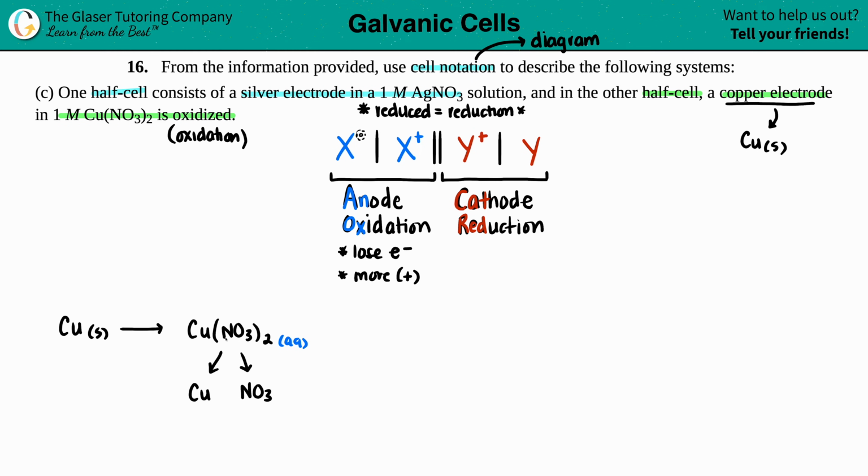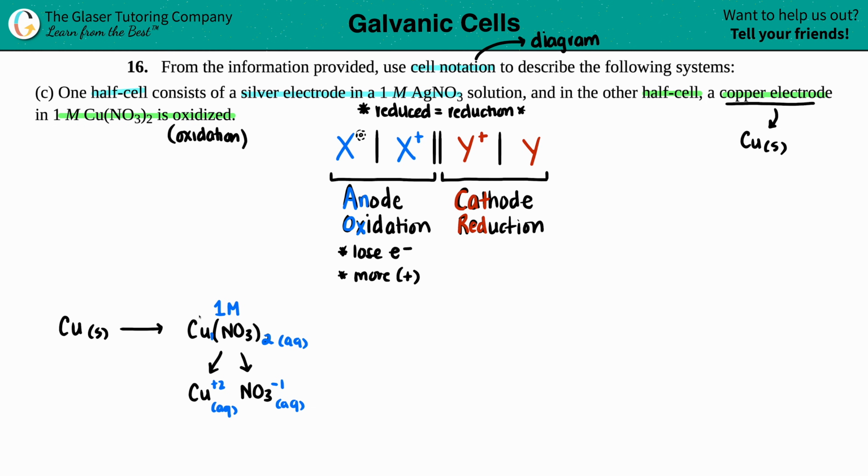You can use those subscripts, I had 1 copper and 2 nitrates, to crisscross back up to tell us what the charges were. This one crisscrosses up telling me that the NO3 was a -1, and this 2 crisscrosses up telling me that the copper was a +2. And since the whole solution was aqueous, each of these ions is aqueous. Last thing here is that they did say I had 1 molarity for the whole solution.